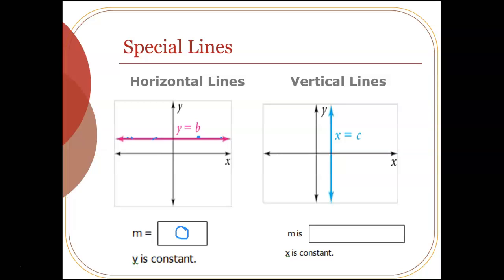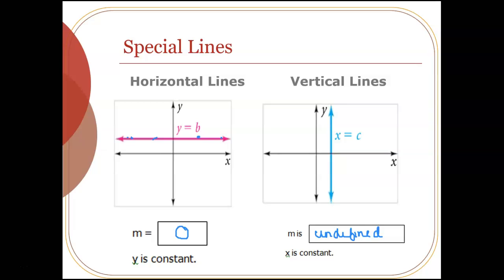A vertical line is a line that goes straight up and down. A vertical line has a constant for x, and the slope of a vertical line is undefined.